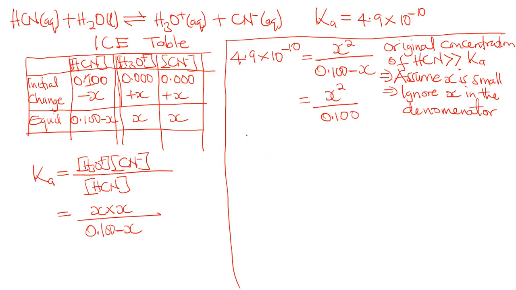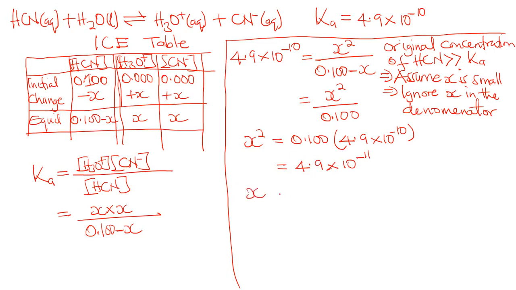So what it means is our x squared will be equal to 0.100 times 4.9 times 10 to the power negative 10, which gives us 4.9 times 10 to the power negative 11.